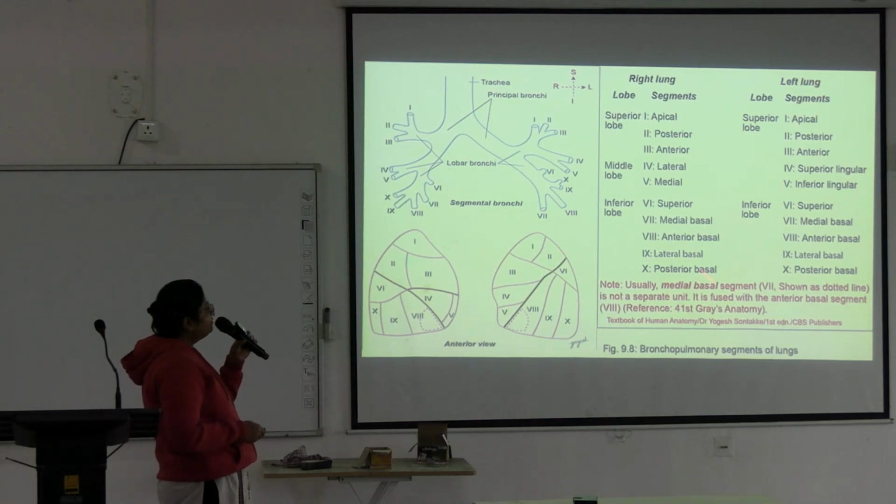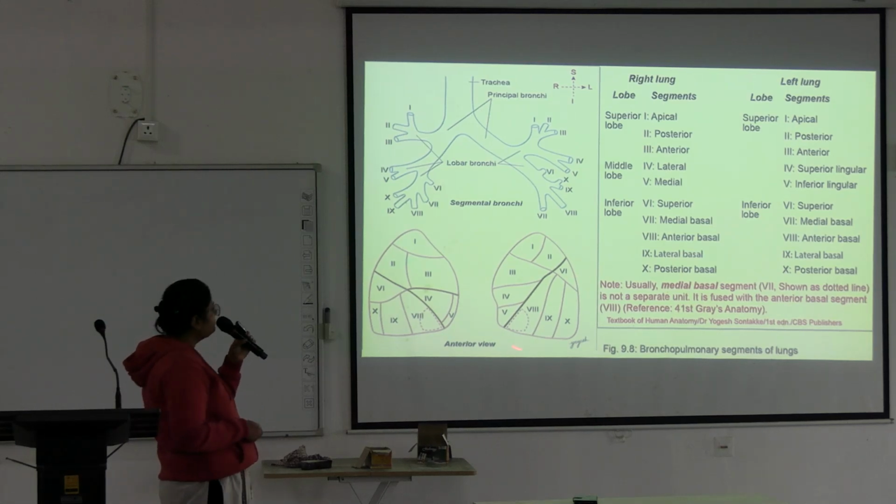So these are the 5 segments of the superior lobe of the left lung. Then the inferior lobe again has 5 segments: superior, medial basal, anterior basal, lateral basal and posterior basal. See, 6 is superior, then this dotted portion is the medial basal, 8th one is the anterior basal, then there is lateral basal and posterior basal.